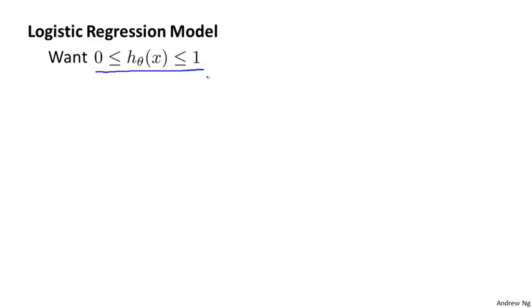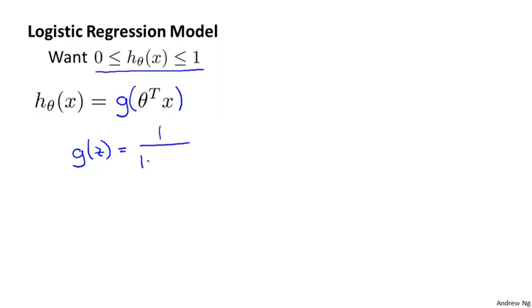and 1. When we were using linear regression, this was the form of a hypothesis where h of x is theta transpose x. For logistic regression, I'm going to modify this a little bit and make the hypothesis g of theta transpose x, where I'm going to define the function g as follows. G of z, if z is a real number, is equal to 1 over 1 plus e to the negative z.